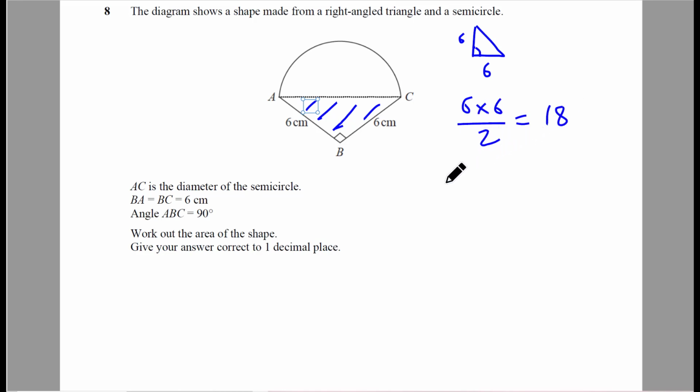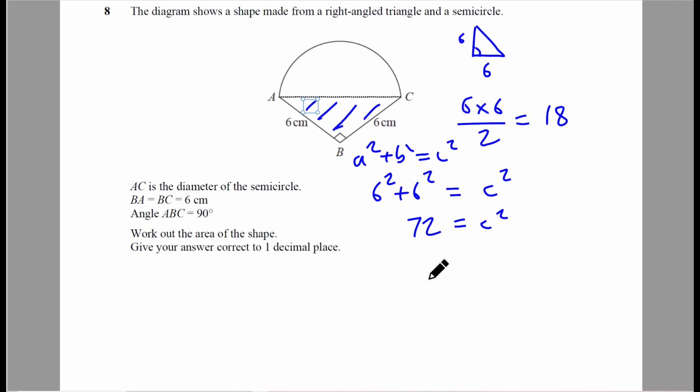That's the triangle. Now that semicircle, we could use Pythagoras to find out this length. We're going to get 6 squared add 6 squared, using a squared plus b squared equals c squared, as we're finding the longest side. That's 72 equals c squared, and we square root that.